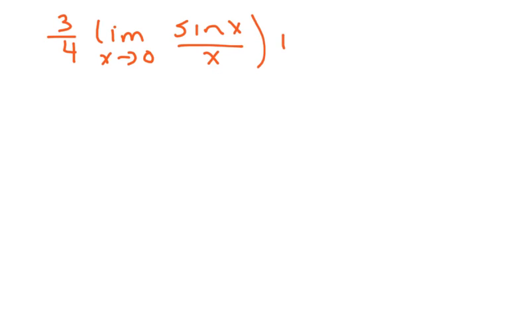So we're just going to rewrite it again but pull it out. So we have 3/4 times the limit as x approaches 0 of sine of x over x plus 1/4 of cosine of x minus 1 over x.